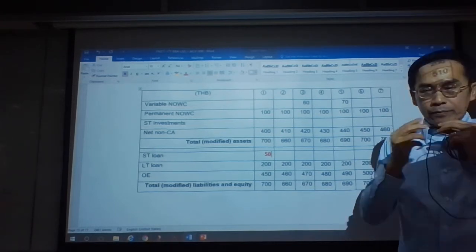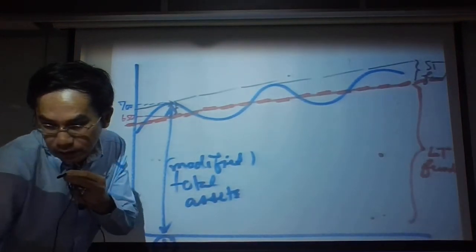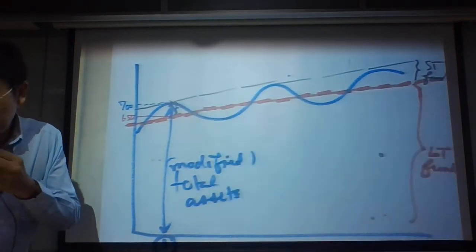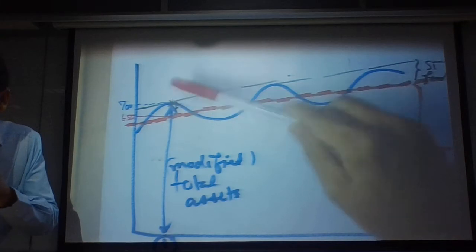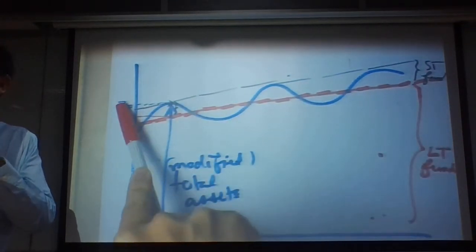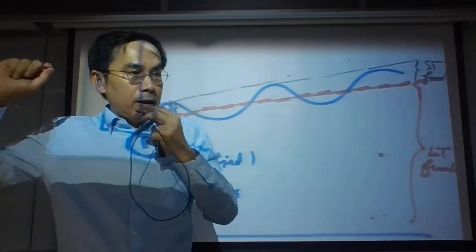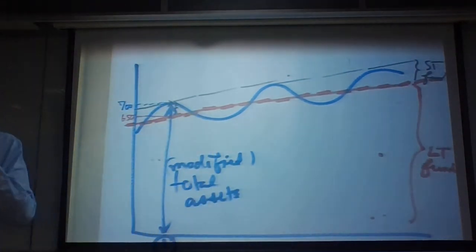Now, please take a look at the top point of the wave here. The total amount must be equal to 700. So total assets are 700. Total liabilities are 700 too.